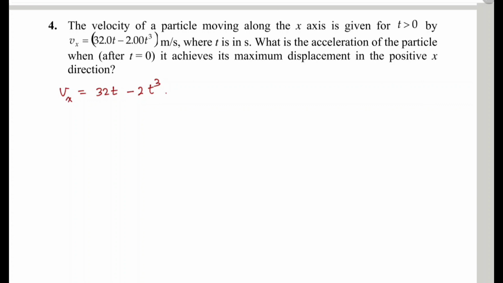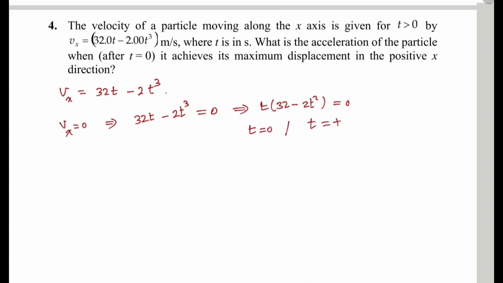So to have a maximum displacement, v of x has to be 0. In this case, 32t minus 2t cubed equals 0. So in this case, t times 32 minus 2t squared equals 0. It's either t equals 0 or t equals plus or minus 4. Pay attention here, time will never be negative, so the negative is not an acceptable solution.